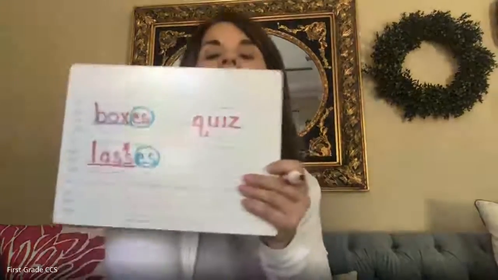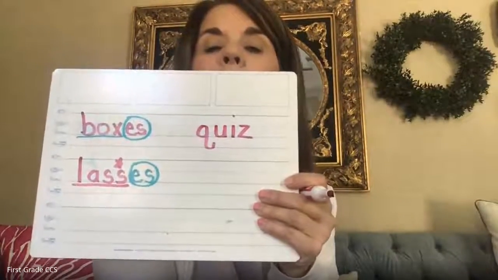Now, if we spell quiz by itself, it only has one Z. If we spell quizzes, we double the Z. And remember learning in our bonus letters that sometimes Z doubles? So if we're going to add an ES to a word that ends in Z, we're going to double it. So that's why I'm adding another Z. And that is just something we have to remember. It's an exception to the rule that we're going to double the Z if we're adding the ES. I hope that makes sense without complicating things.